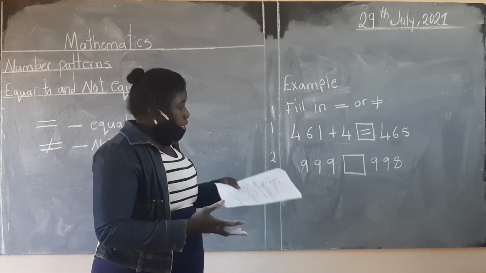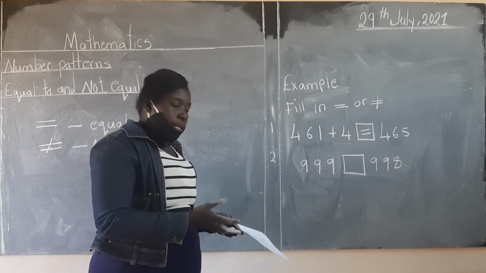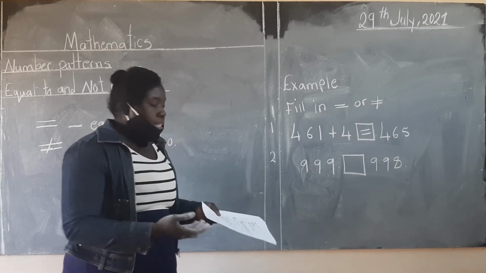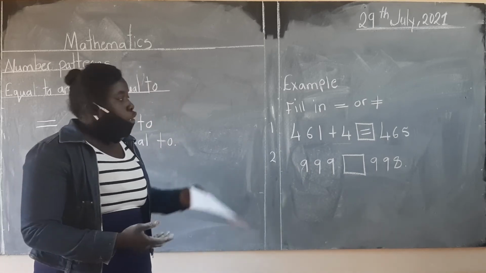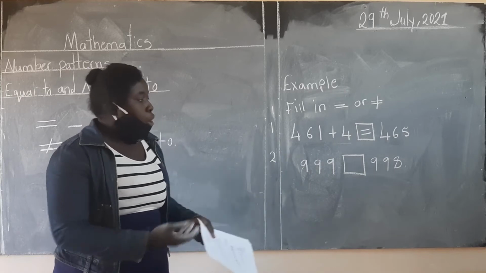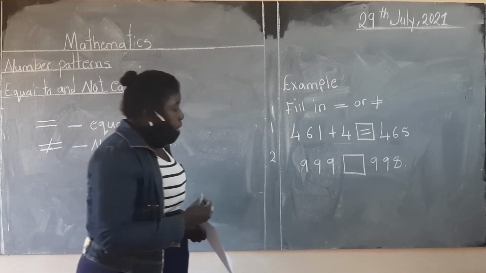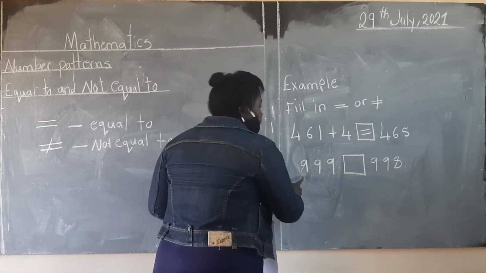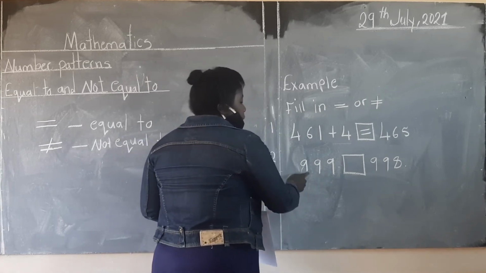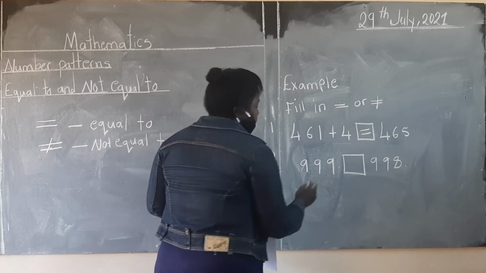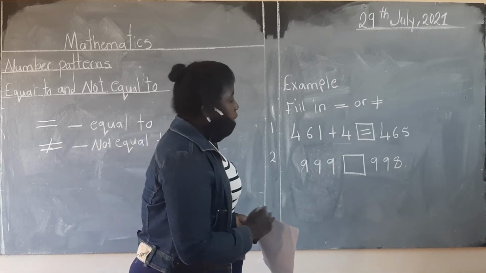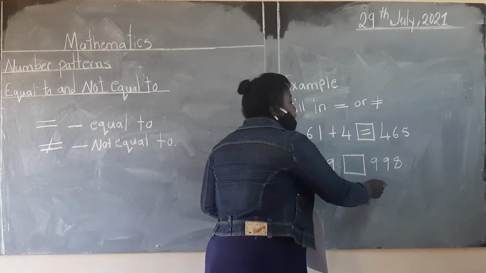If they are not, which one is greater? Which one is smaller? You do that, and then you choose the correct symbol which will represent that problem. So the first number that we have been given is 999. And then the last one we have 998.